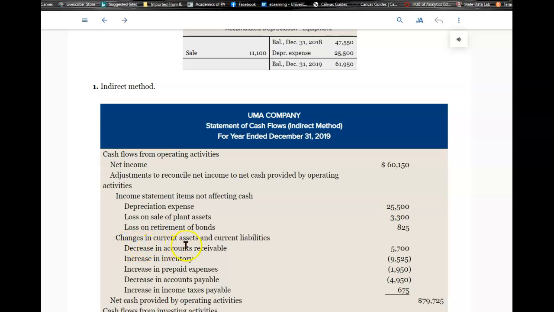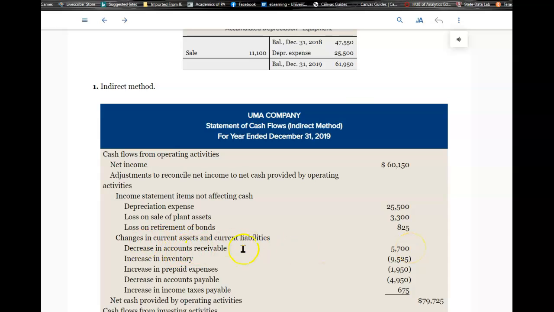Notice that the decrease in accounts receivable has the opposite effect of the decrease in accounts payable. So if you're decreasing a current liability, you're going to be subtracting that. If you're decreasing a current asset like you are here, that's an add back.